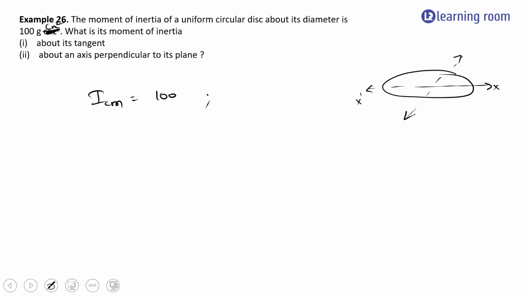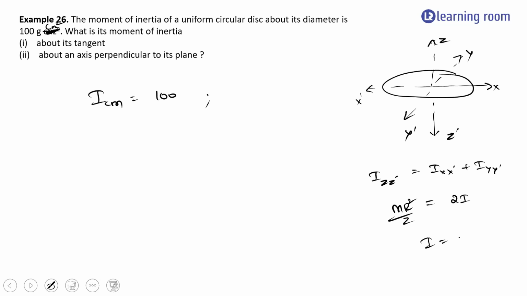So when it comes to the diameter, what will you apply? This is xx dash and this is yy dash, and zz dash is perpendicular to the plane. So I zz dash is equal to I xx dash plus I yy dash. I xx dash and I yy dash are the same, so I can write it as 2 I. And the moment of inertia about z is MR square by 2.